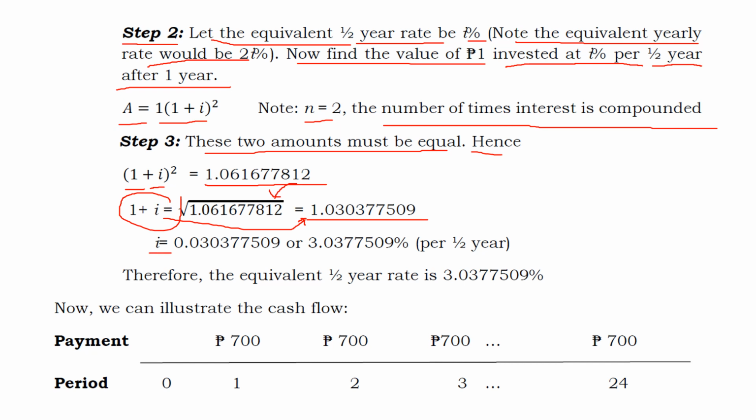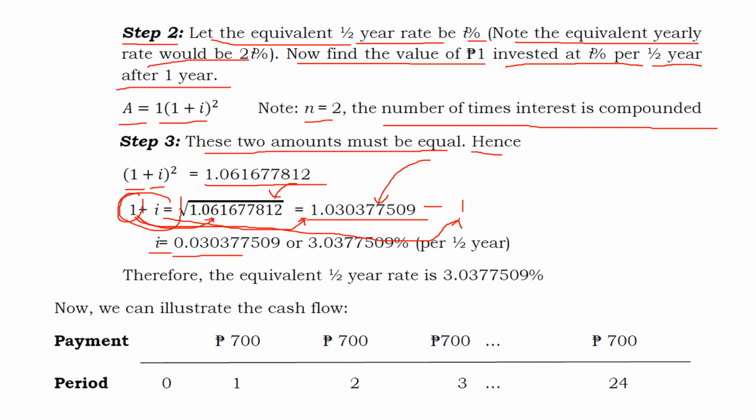So this will be the resulting value if we take the square root of this one. For the 1, we just simply transpose this one to another side of your equation, and to make it from positive to negative, we subtract this one to this value. So here there is a minus 1 because we transpose this positive one to another side of your equation.